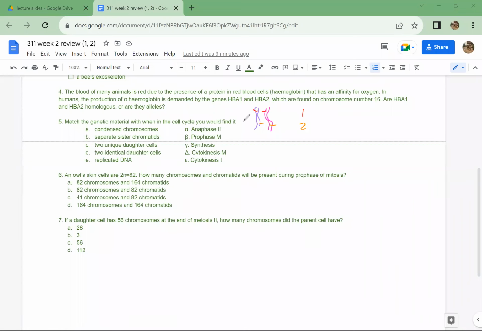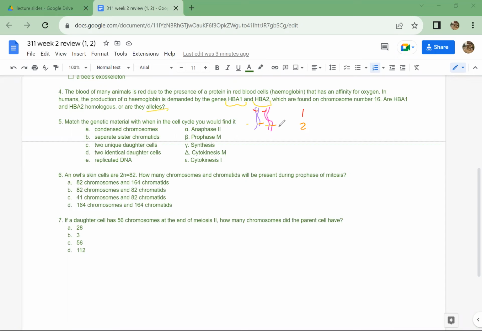We find them at different loci, different locations on a chromosome, and they don't contain the same information. I'm confusing myself. So we have these two genes. Genes are represented by alleles, but they aren't themselves alleles.